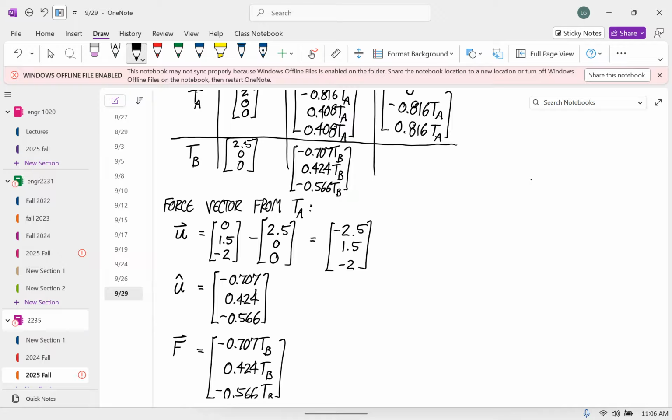One thing about this cross product is since everything is multiplied by TB, it's the same as just doing the cross product of those numbers and then multiplying the answer by TB.